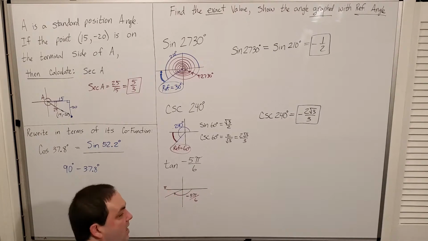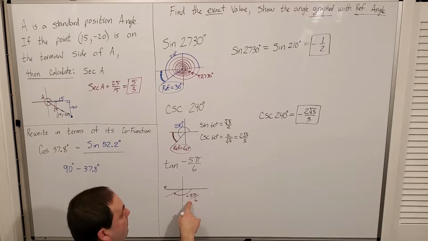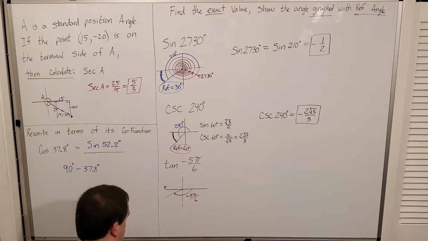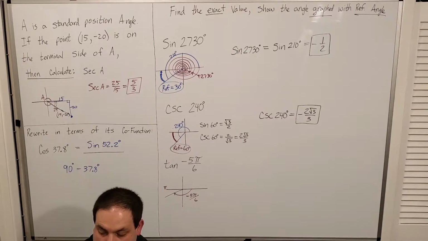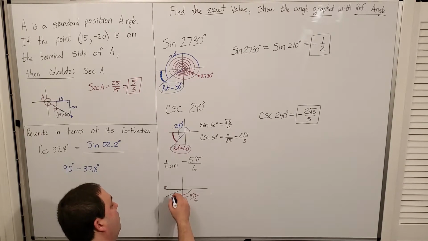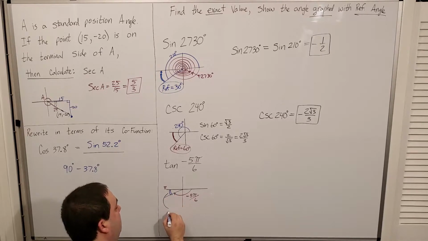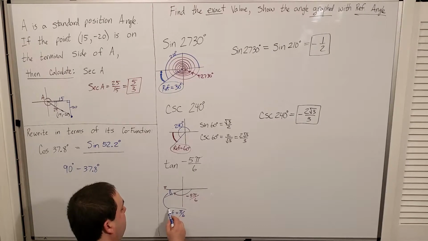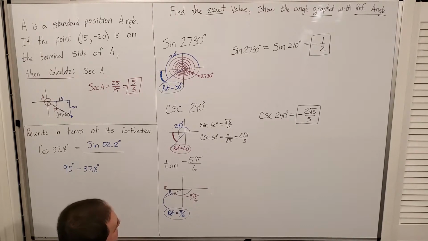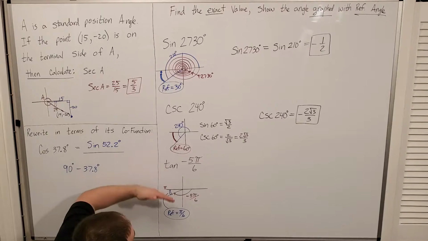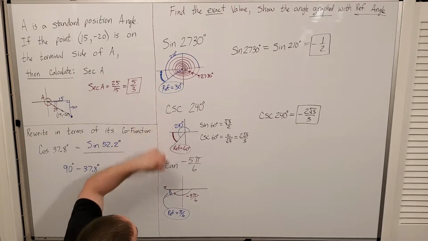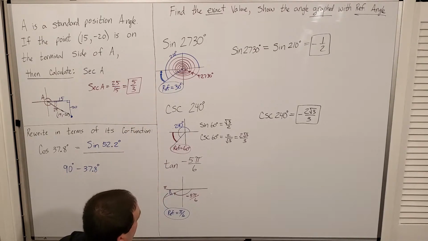So as far as size is concerned, if I do pi minus 5 pi over 6, then the reference angle is just pi over 6. This angle here, my reference angle, is pi over 6. Remember, reference angles are always drawn to the x-axis, right? I always draw them up with the x-axis. Okay?